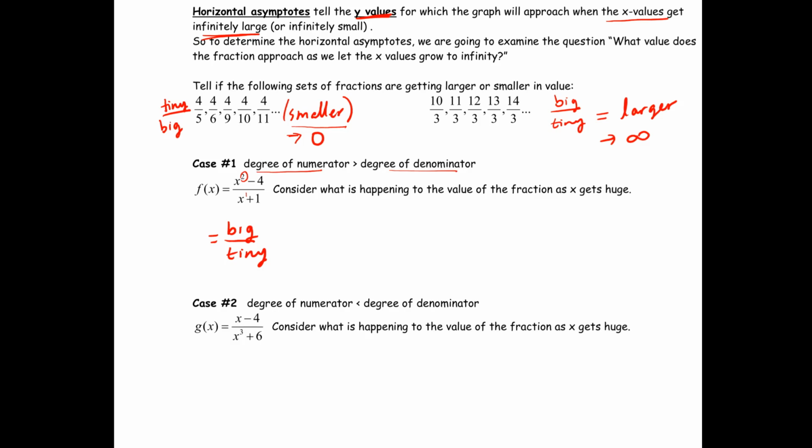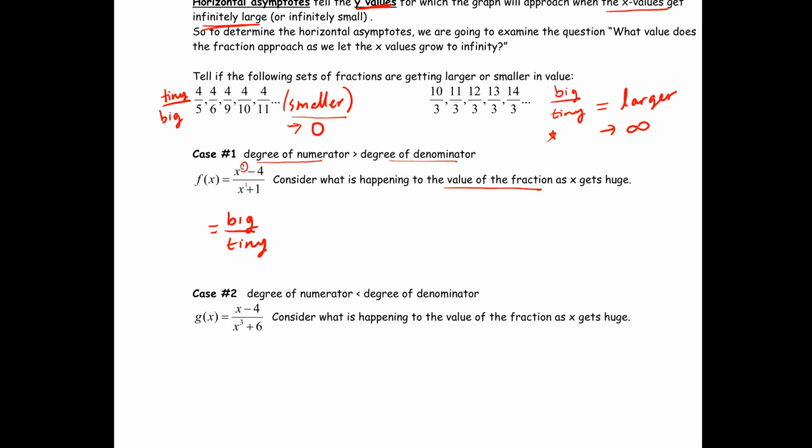So what's going to happen to the value of the fraction? It's going to get larger. It's going to approach infinity. That arrow means approach. So the value of the function, the y values, are going to approach infinity.